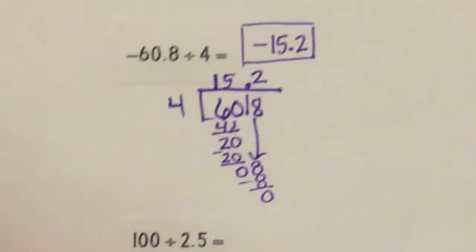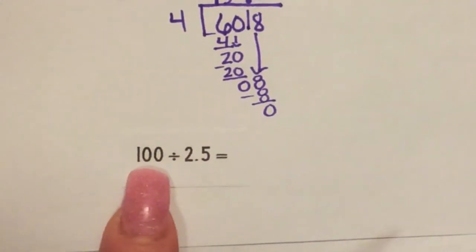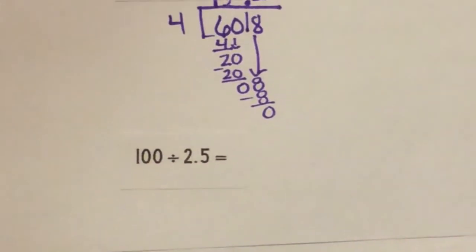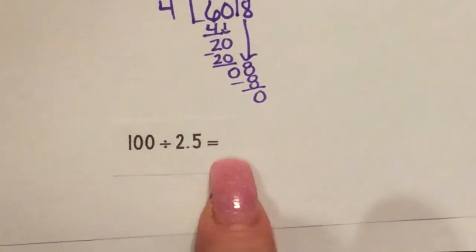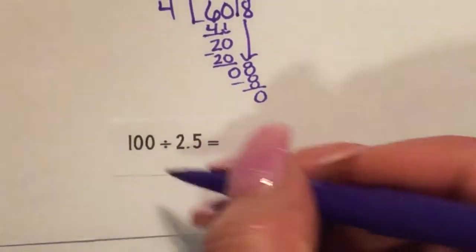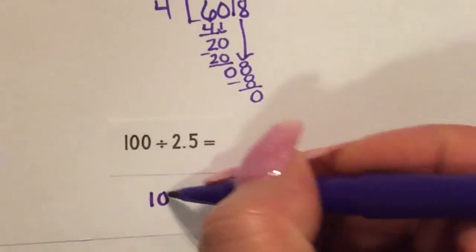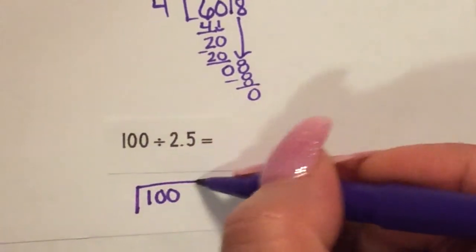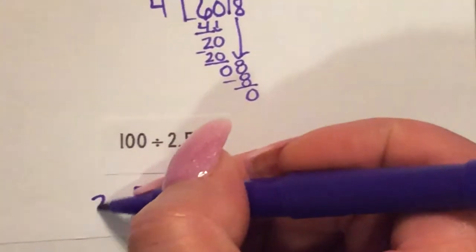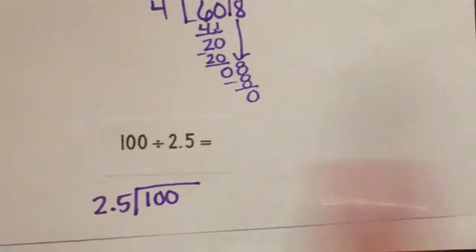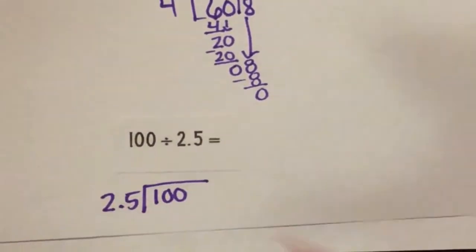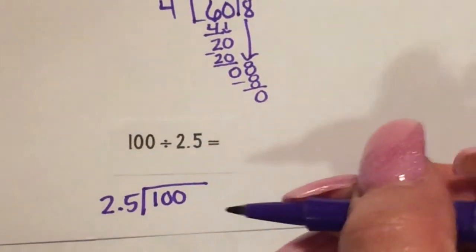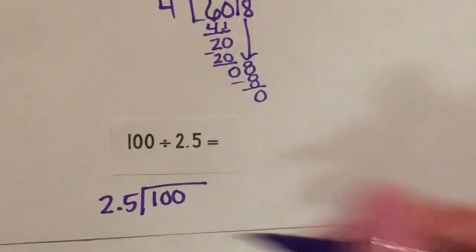And the last division that we have here is a little simpler. Both are positive. Our answer is going to be positive. We don't have to worry about locking in any sign here, positive. But this has just a little bit of a trick here. We say 100 divided by 2.5. And we see that our divisor is a decimal, and nobody wants to go out with a piece of a number.